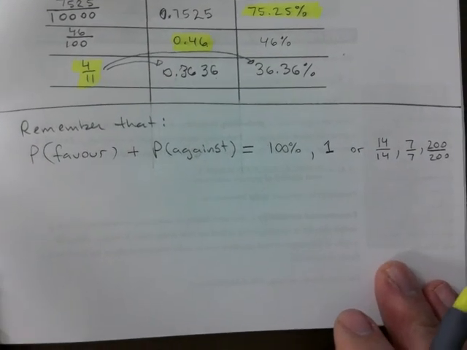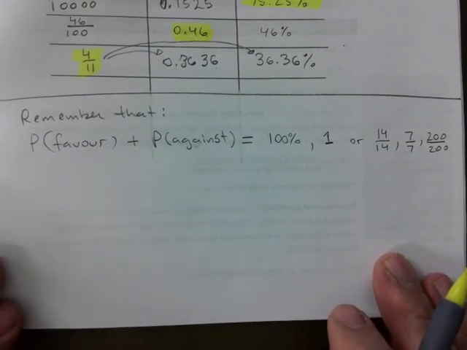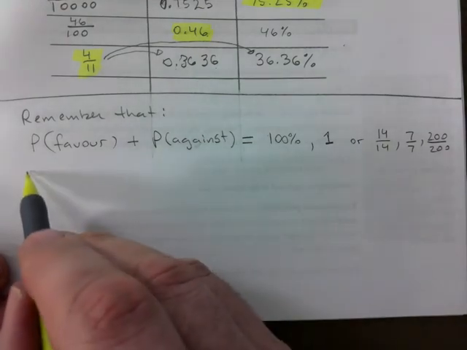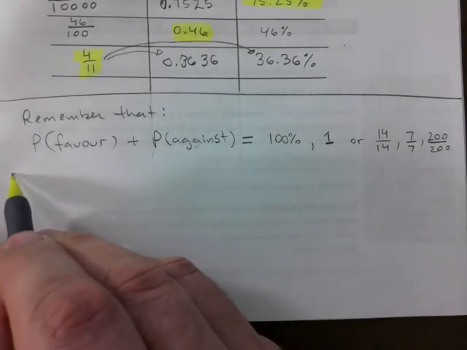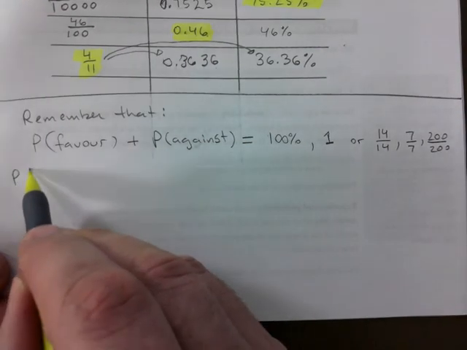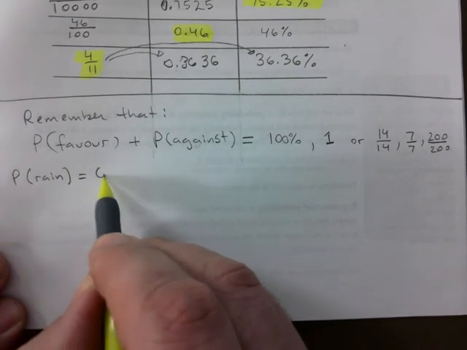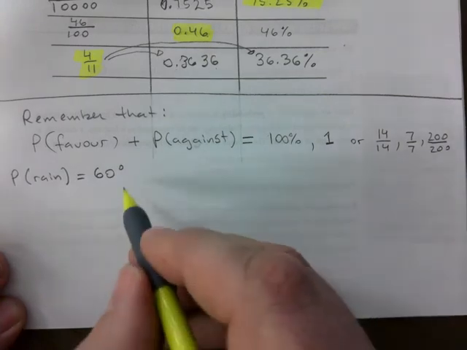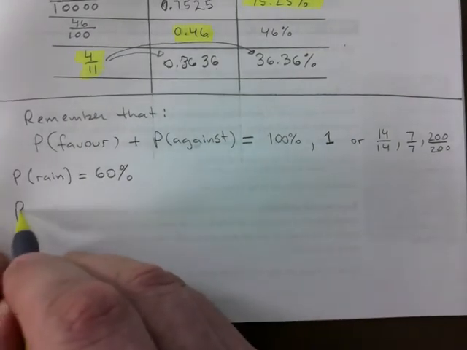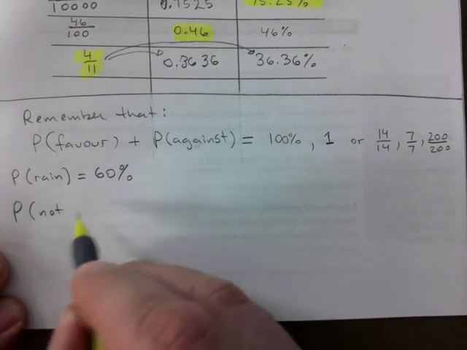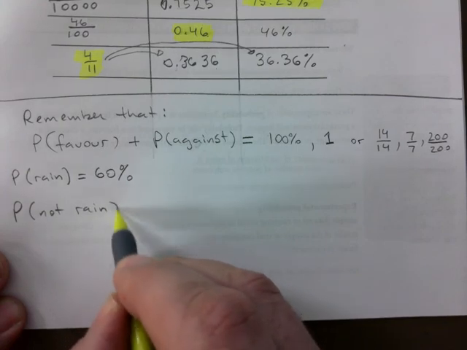And you're thinking, I sort of get it. I need a little bit more, Mr. Dirksen. So here it is. If I told you that the probability of raining tomorrow is 60%, what would be the probability of it not raining? 40, right?